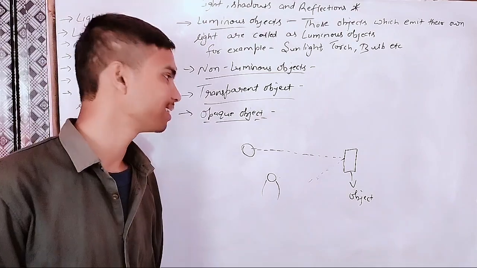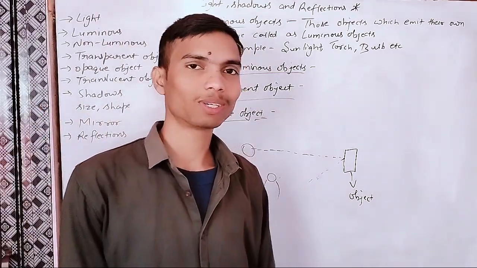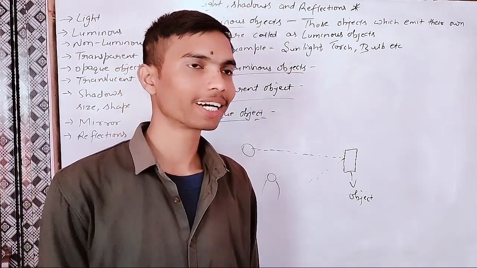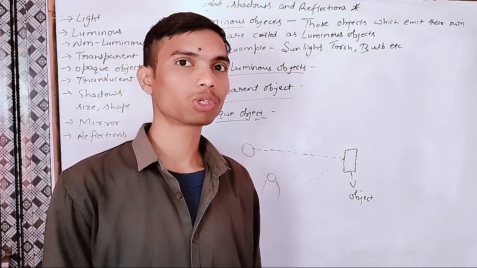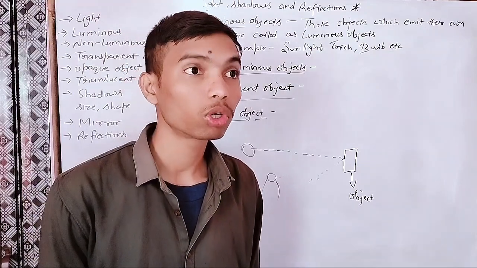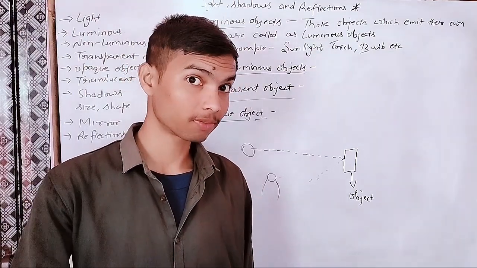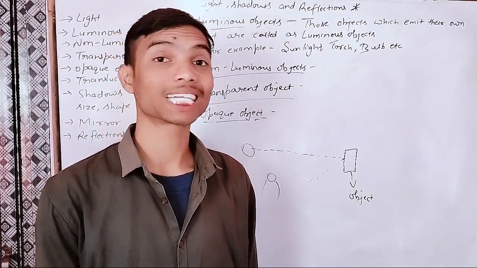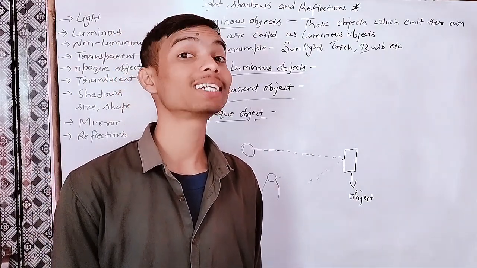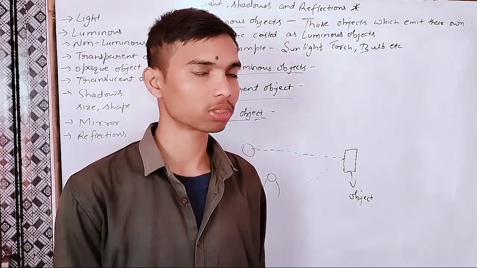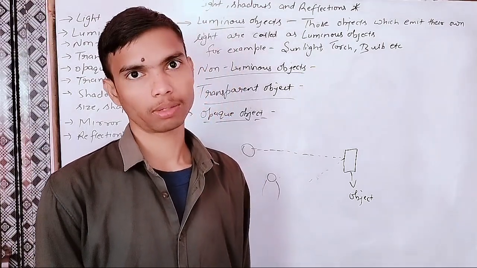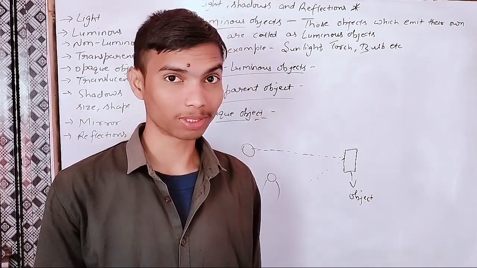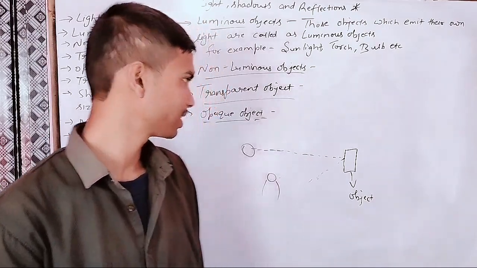So you would think it's all about light, and I would say you are correct, but it's all about two things. First is the source of light, and second is the object. I'm not saying transparent object, opaque object, or translucent object. I am saying object, because here we are identifying which type of object it is: transparent, opaque, or translucent.